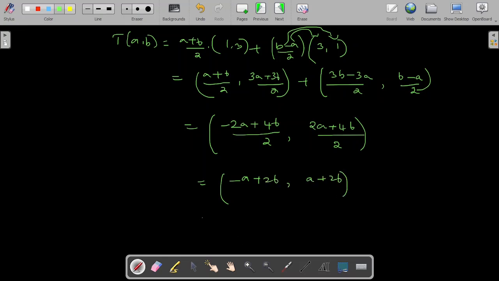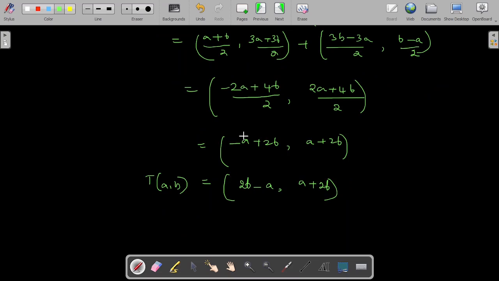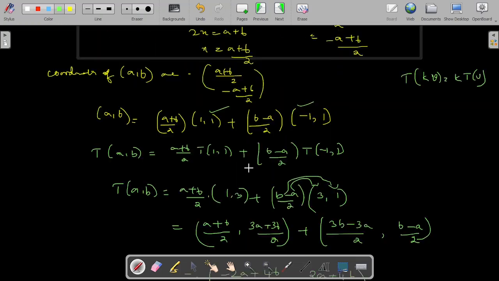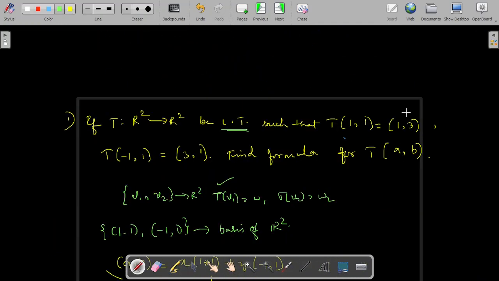So you will get this transformation: (2b minus a, a plus 2b). This is the general formula. So even if you apply it now to (1, 1), you can check where it goes: this is 2 minus 1, 1, and 1 plus 2, that is 3, which is already given in the question. T of (1, 1) goes to (1, 3).